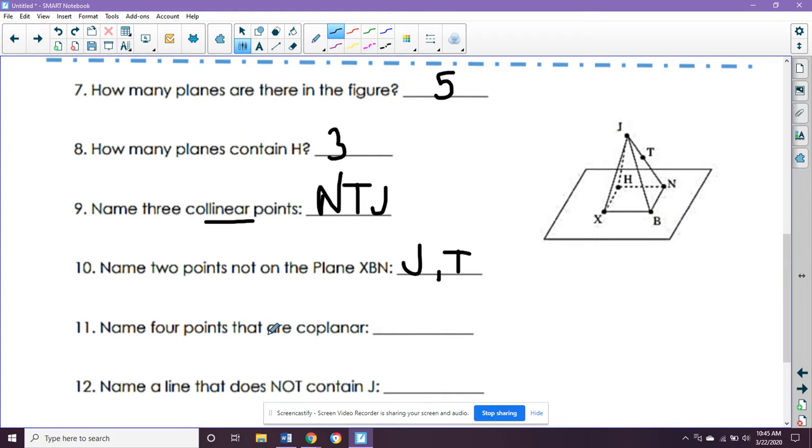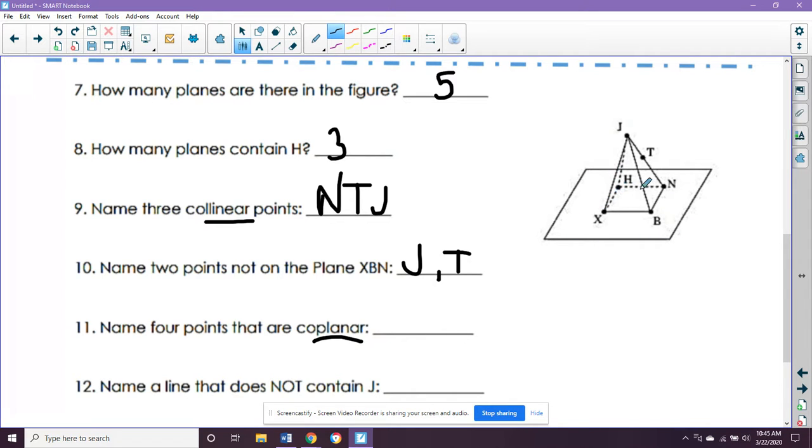Name 4 points that are coplanar. Coplanar, remember, is points that are on the same plane. So we need 4 points that are on the same plane. So let's see. We could do our bottom plane.